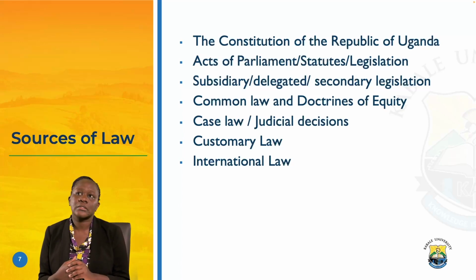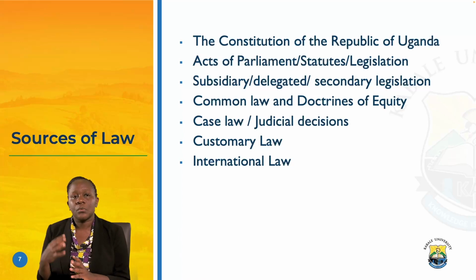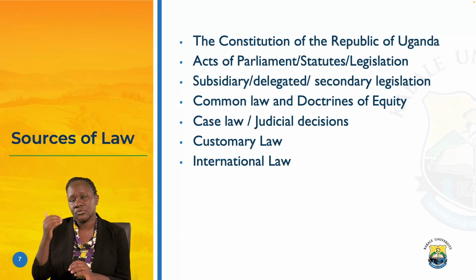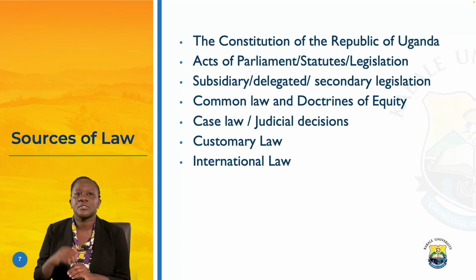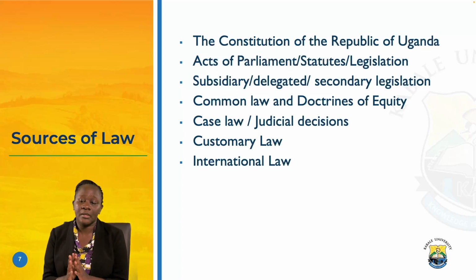You realize that that doctrine requires that courts of law will refer to the decisions of judges before them, especially if the judgments are from higher courts, in order to inform the decisions that are going to be made in adjudication of the cases before them. Then we have customary law.